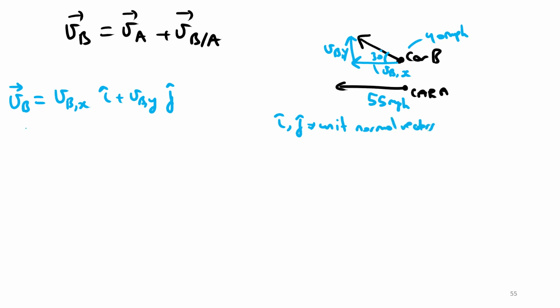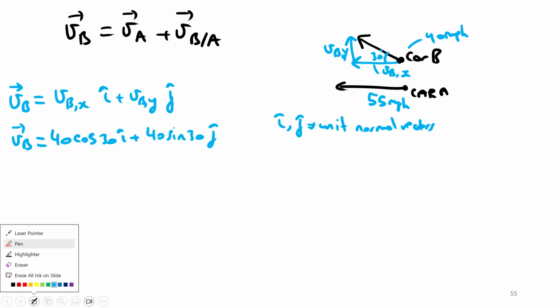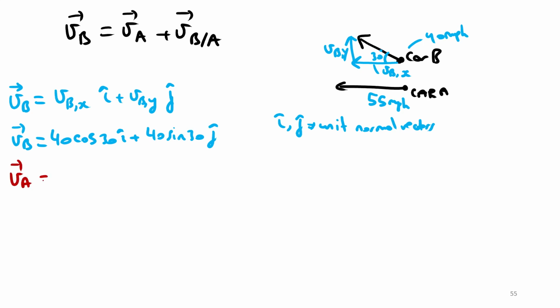So if you do that, VB will be equal to 40, the x component is cosine 30 i, and the y component is sine 30 j. And for particle A, the velocity is just 55 i.